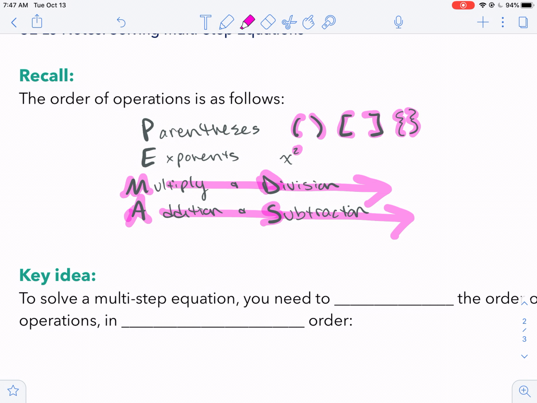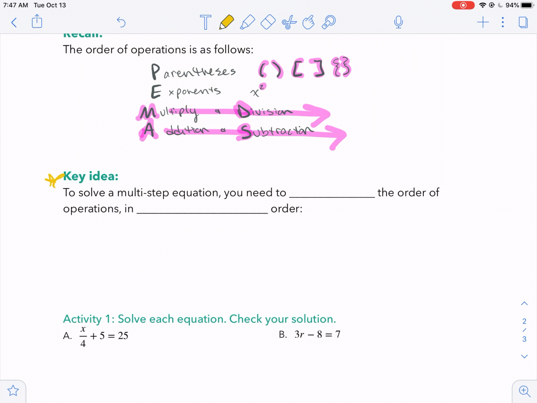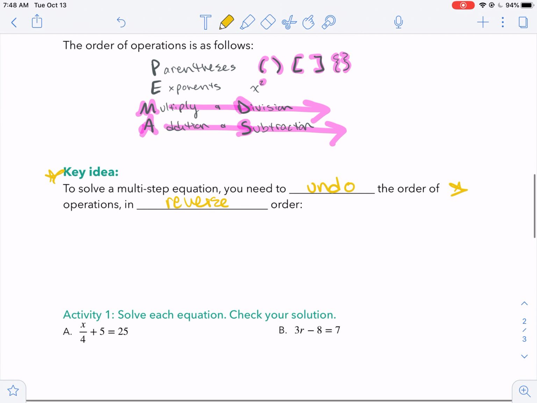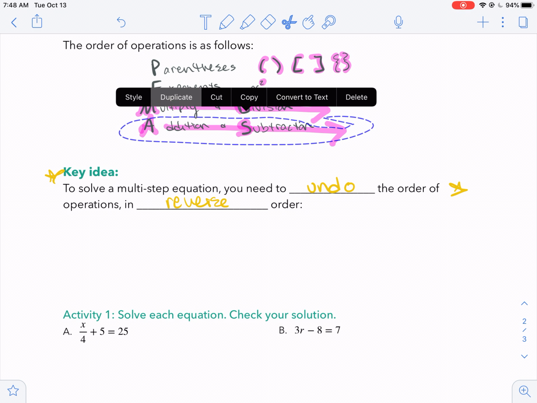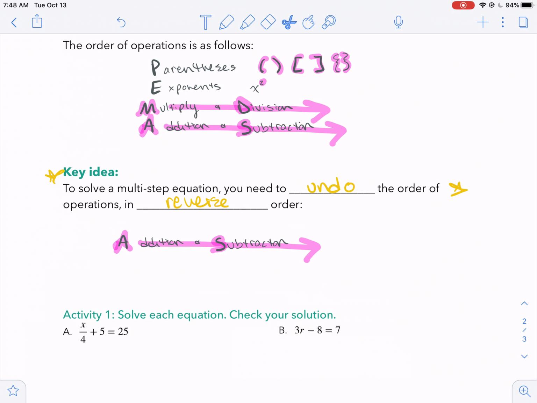Okay. Now our main idea of the day, love it, star it, commit this to memory, is that to solve a multi-step equation, you need to undo what's happening to the variable. You need to undo the order of operations in reverse order. So that means we'll take addition and subtraction, and we will undo that first.